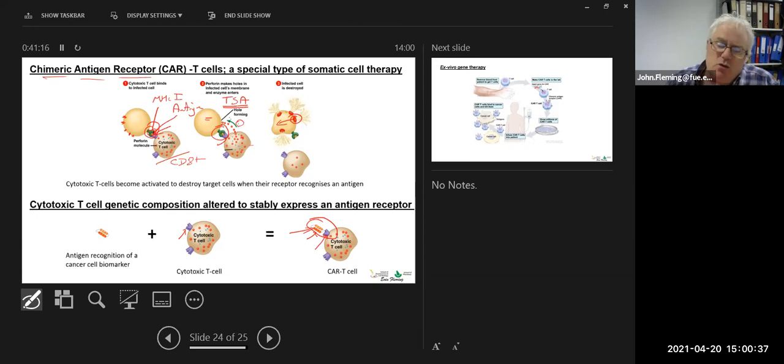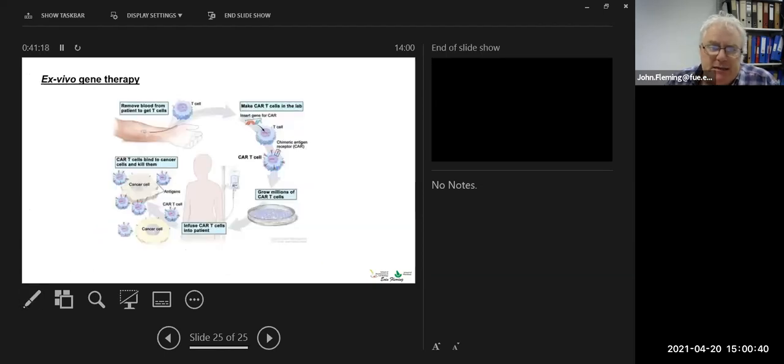So the way this works in practice is that we get T cells from patients with cancer. We transfect in plasmids that contain these chimeric antigen receptors. So this is a plasmid into which we have cloned the nucleic acid sequence that codes for the scFv and the components of the T cell receptor.